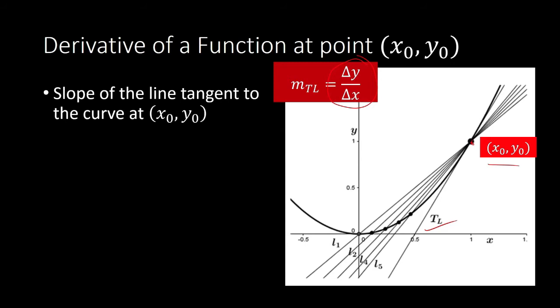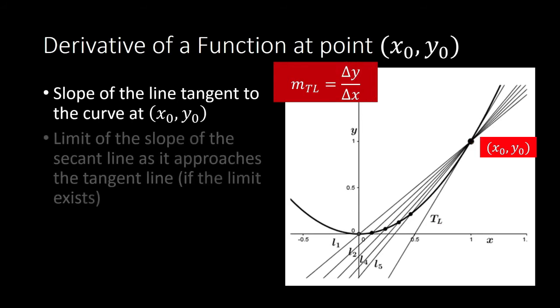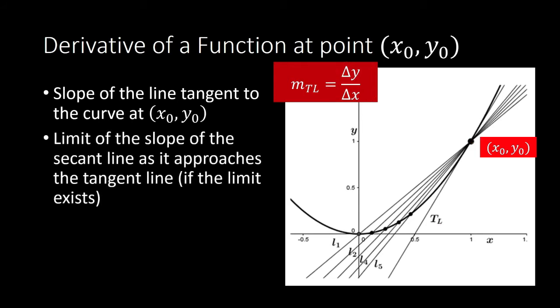But we cannot directly compute change in y over change in x because we don't know other points besides the point of tangency. So what we do is we produce a sequence of secant lines, and those secant lines are going to have a slope. We shall estimate the slope of the tangent line through that sequence of slopes.